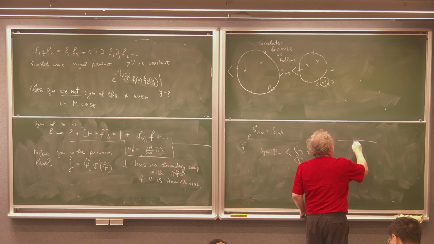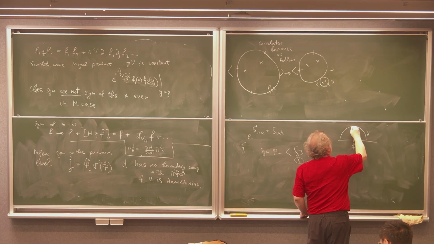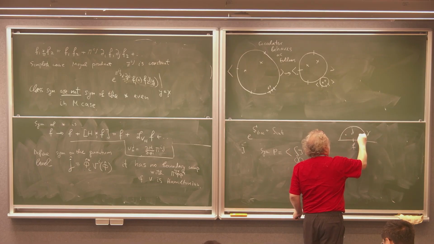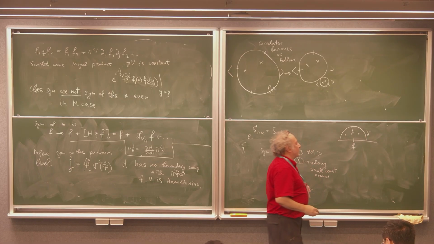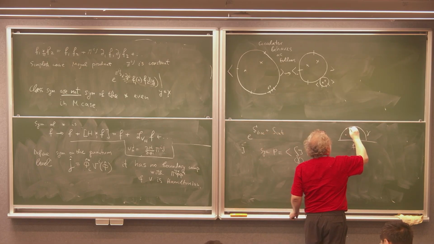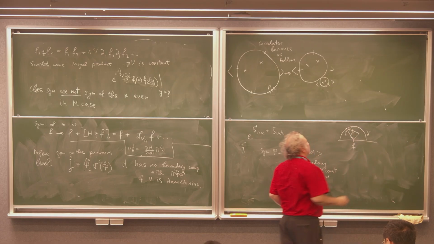Here is a function f. Here is a contour, gamma. Here we put a curve. And here we have vertices of interaction. So now there are many interesting diagrams of this type.